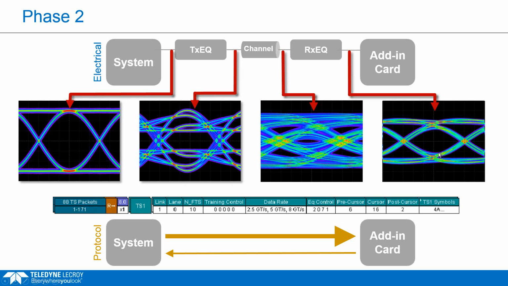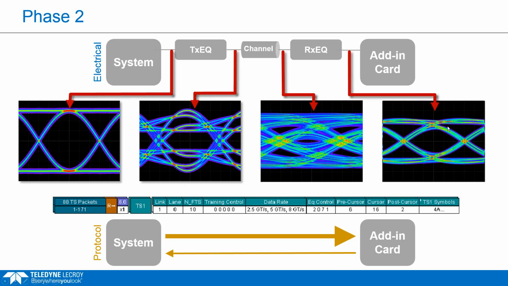The timing between these things is important because as soon as the add-in card sees the protocol response from the system that it changed its settings, it's going to start to tune its receiver equalizer. If everything isn't synced up properly, then the tuning on the receiver side won't match up with what's going on on the transmitter side. Ultimately, you can get this whole process failing to produce good results and end up with an unacceptable bit error rate.